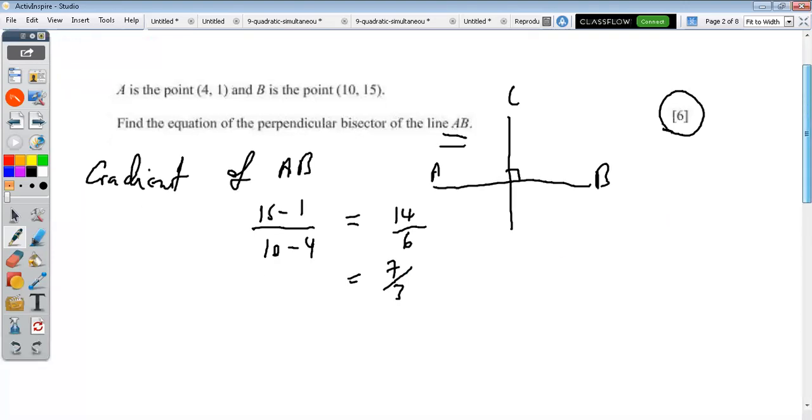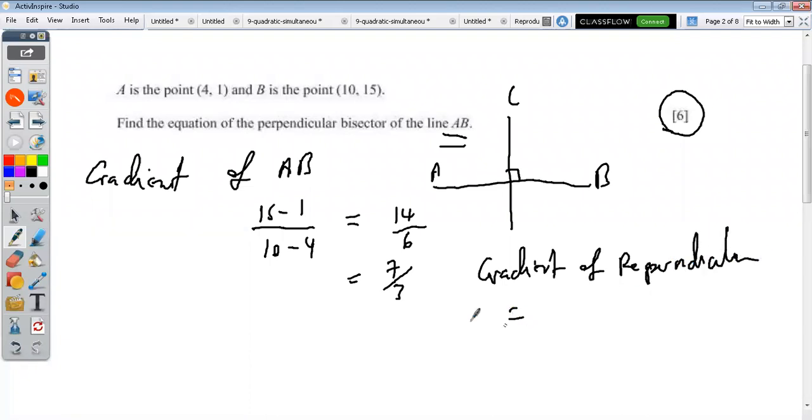Okay, that's AB. But we want the gradient of this line. Then what's the gradient of the perpendicular? Minus 3 over 7. Perpendicular. We said negative reciprocal of this, so it's negative 3 over 7.